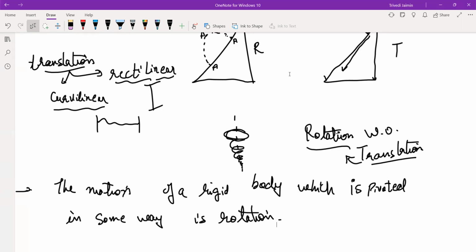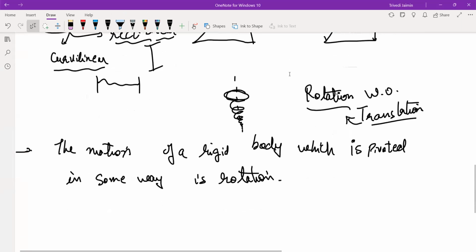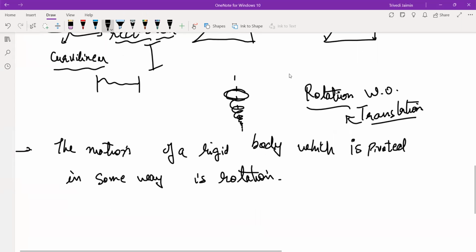I think it's called a segment, no? In mathematics. This portion is a segment, no?